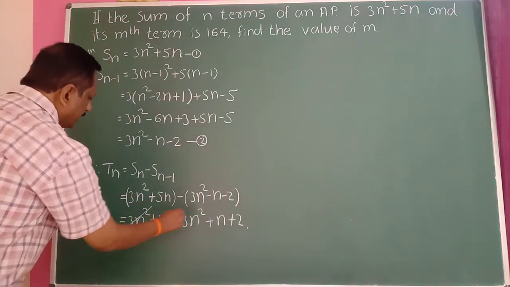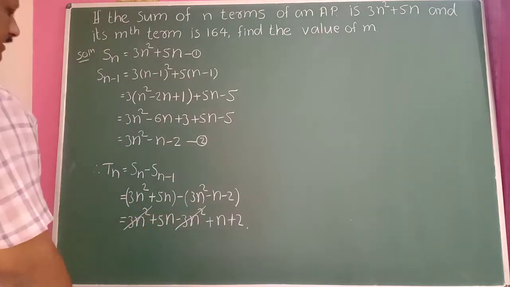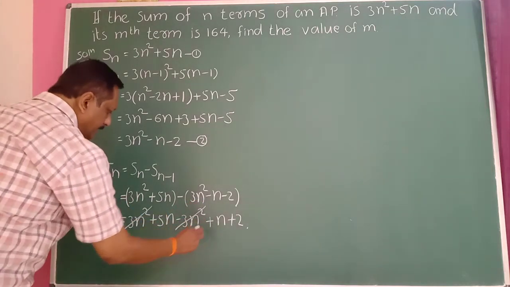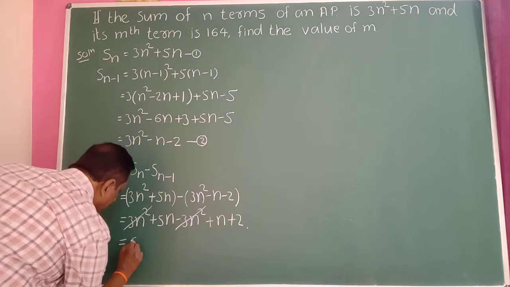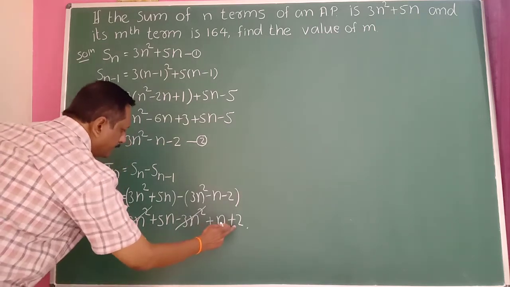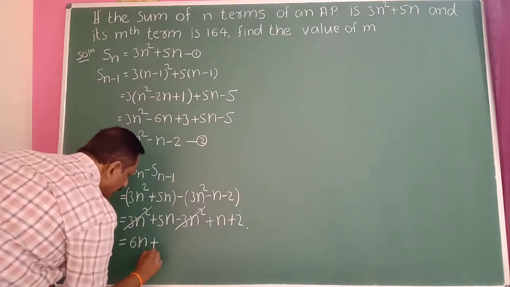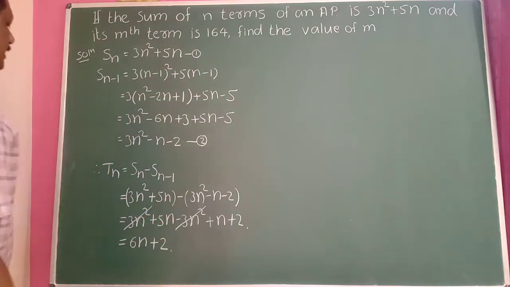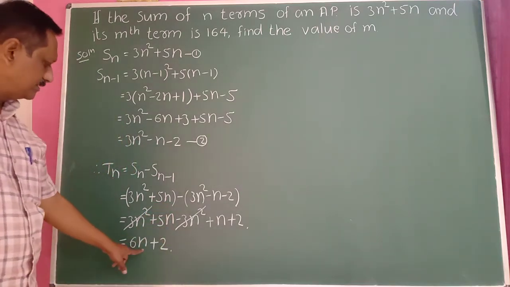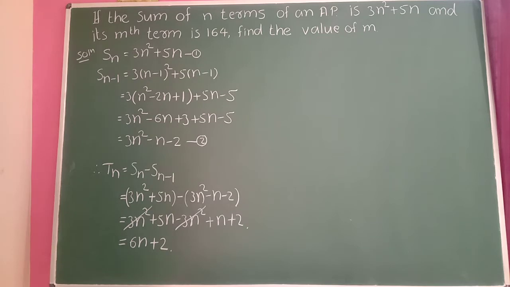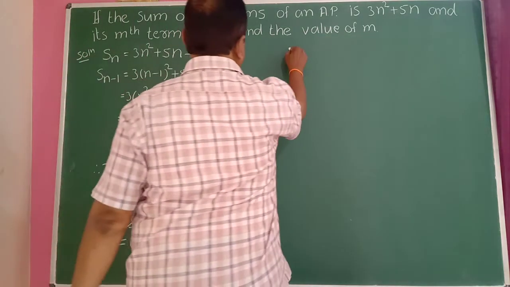3n square and minus 3n square get cancelled. Then 5n plus n becomes 6n, so 6n plus 2. Therefore, the nth term is 6n plus 2. Then replace n by m. Put n equal to m.